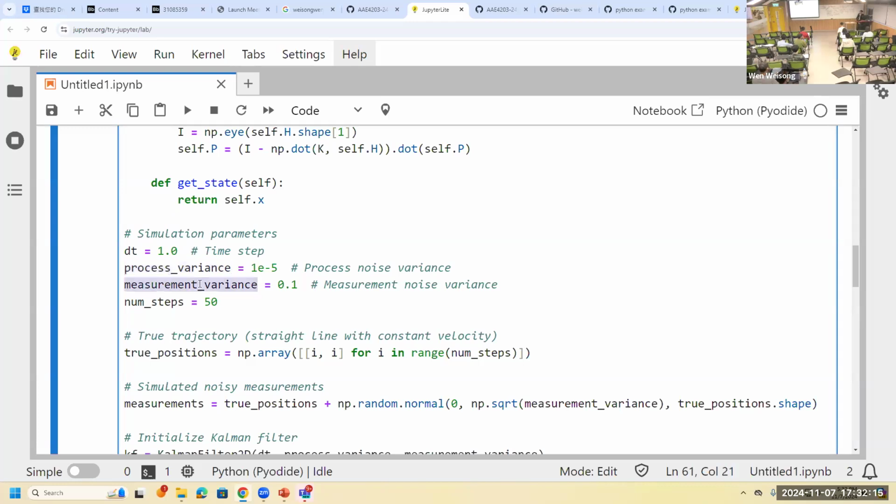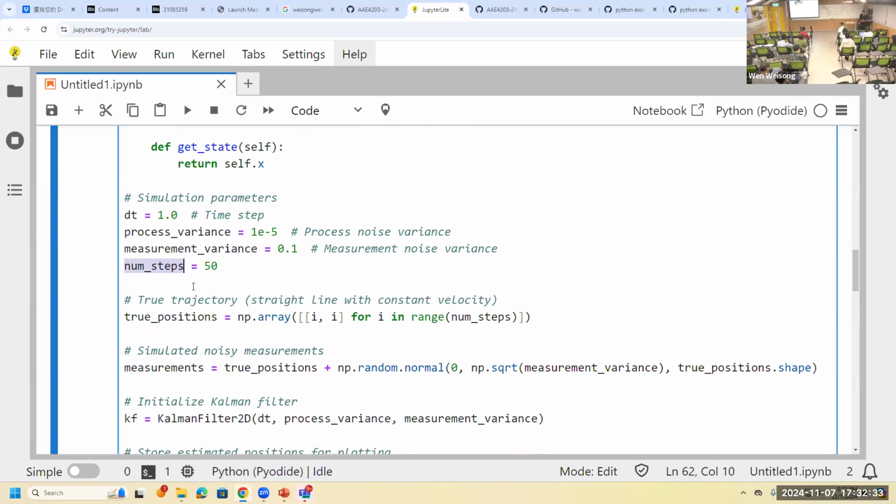The measurement noise is the R matrix. R means how much you trust the GPS. Q means how much you trust the visual odometers. So tuning Q and R means tuning the uncertainties of the visual odometers and the GPS.